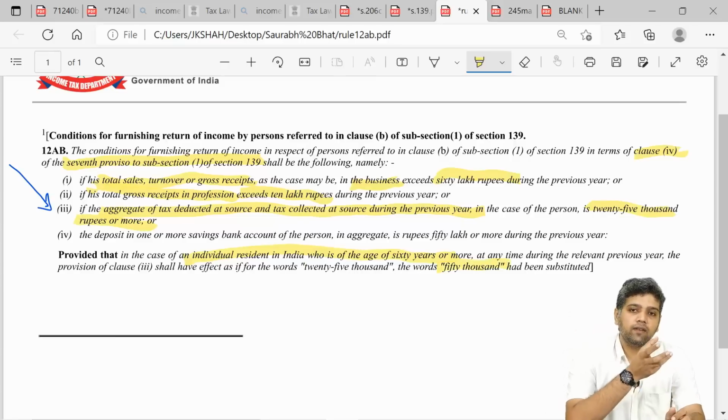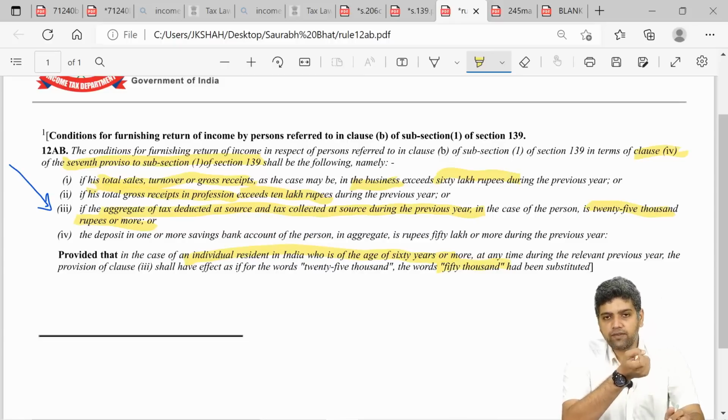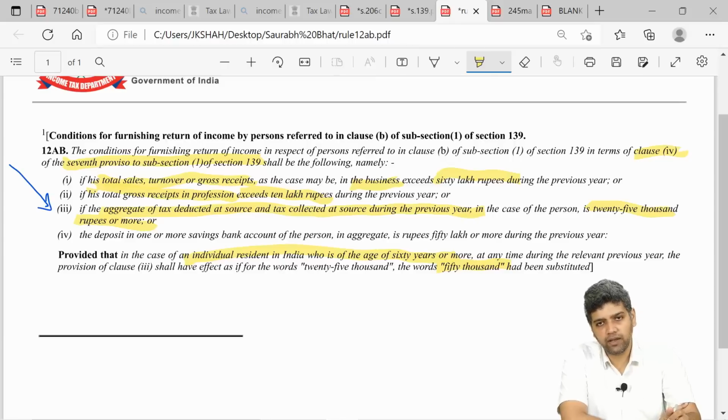So in case Mrs. Sudha has suffered TDS or TCS exceeding 25,000 rupees, because her age given in the question is 50th birthday, so she is not a senior citizen. So in case there is a TDS or TCS exceeding 25,000 rupees, Mrs. Sudha would be required to furnish return of income.